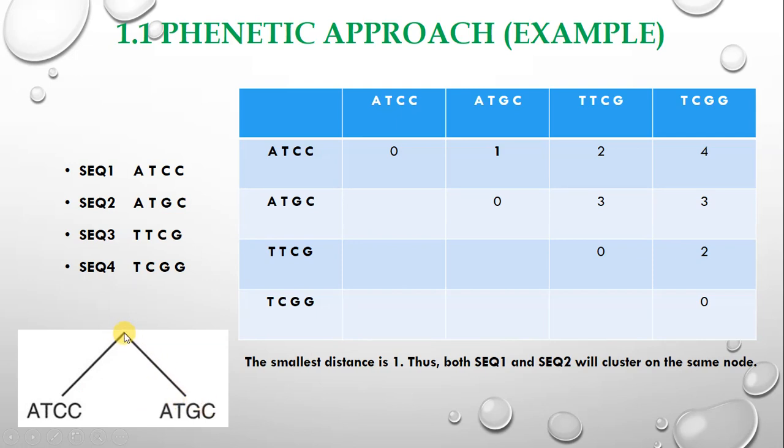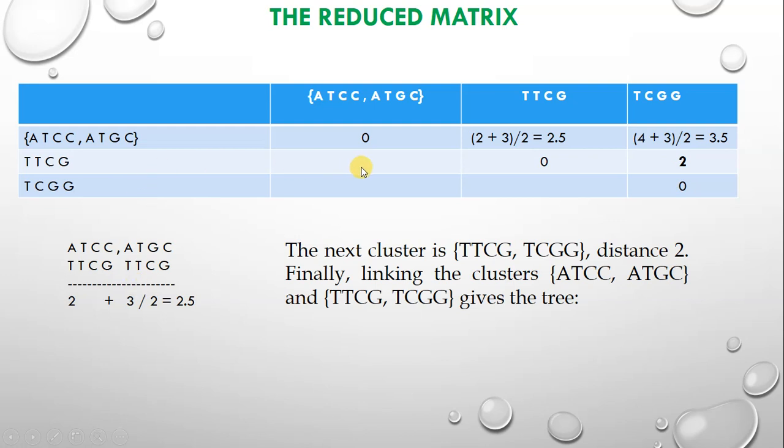Now how will they calculate the fate of sequence 3 and sequence 4? The same matrix will be reduced and we will call it a reduced matrix. Once again the computer will calculate it, you will not calculate it. You're calculating this matrix, but you should know how the computer will treat your data.